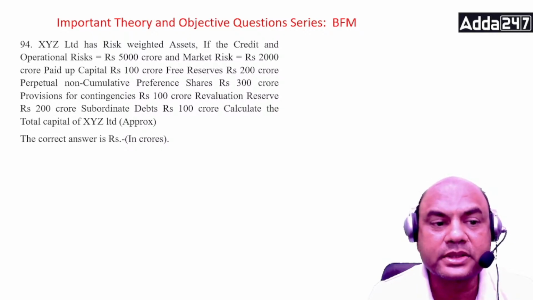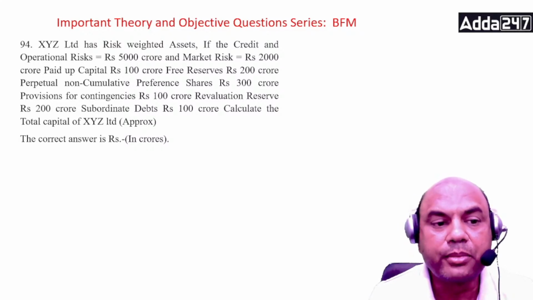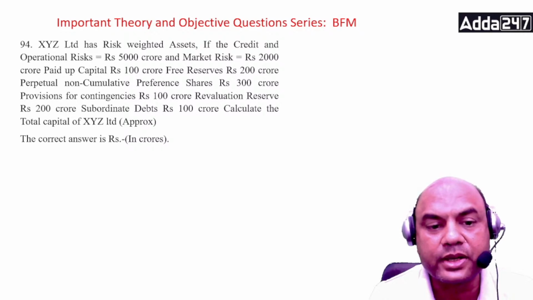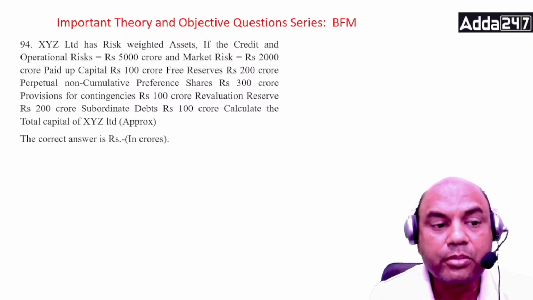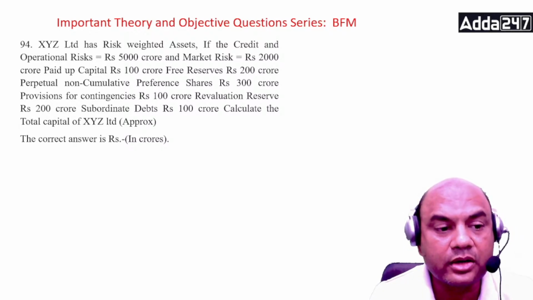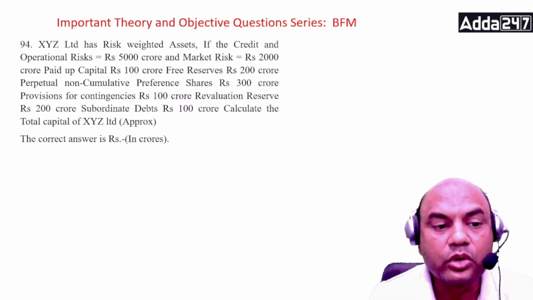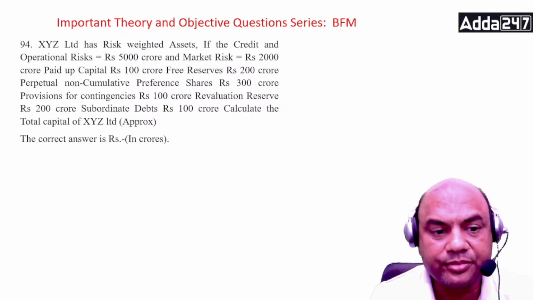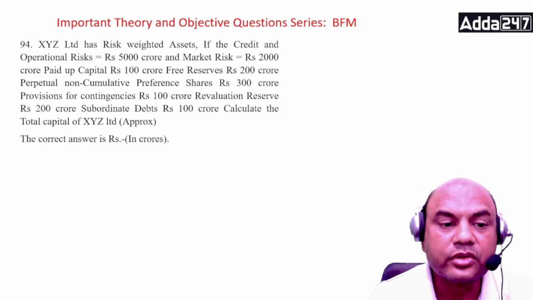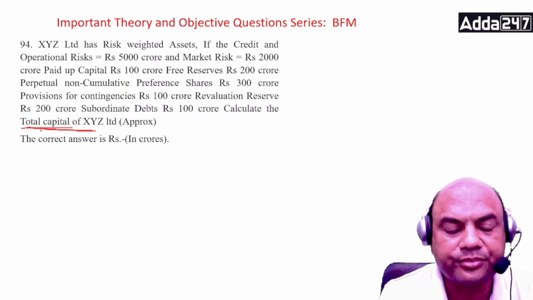The credit and operational risk is 5,000 crore, market risk is 2,000 crore, paid up capital is 100 crores, free reserves is 200 crores, PNCP, perpetual non-cumulative preference shares, is 300 crores, provisions for contingencies is 100 crores, revaluation reserves is 200 crores, subordinate debt is 100 crores. Calculate the total capital of XYZ Limited approximately. Total capital you have to calculate.